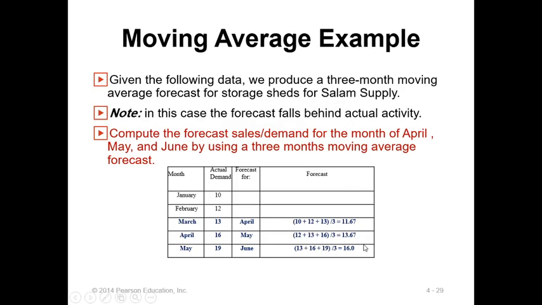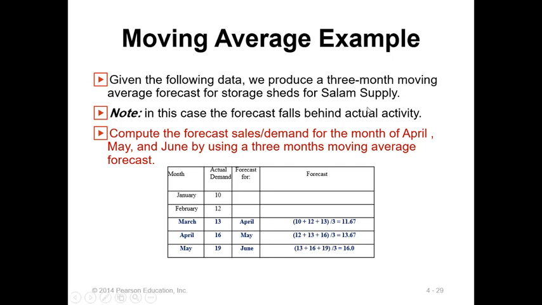Let's see an example together. We have the following information for a certain company, which is Salam Supply. We would like to compute the forecast sales for the month of April, May, and June using the moving averages method. For example, if you want to forecast the demand for the month of April, then using a 3 months moving average, of course, the question will decide how many movements you will make.